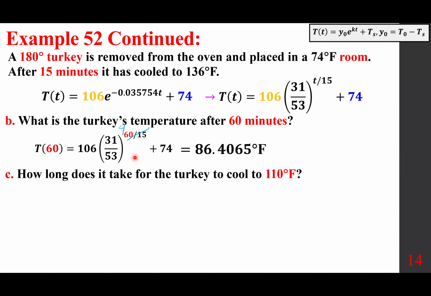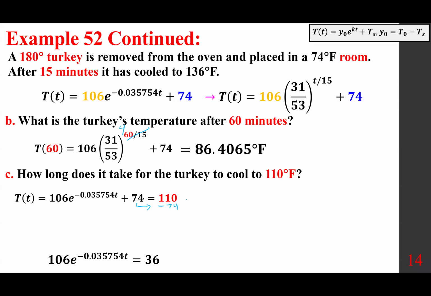How long will it take to get to 110 degrees Fahrenheit? Set one of them, doesn't matter which one, equals 110. For example, let's work on this one now. And obviously, we are going to first move the 74. We get 36.